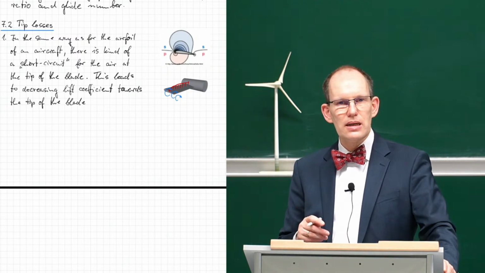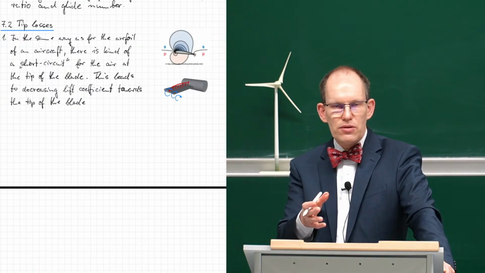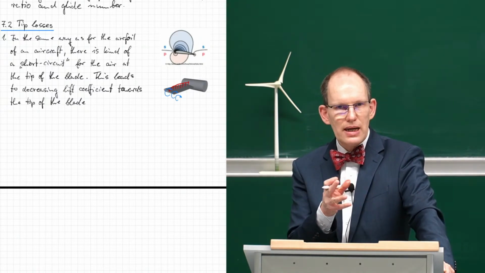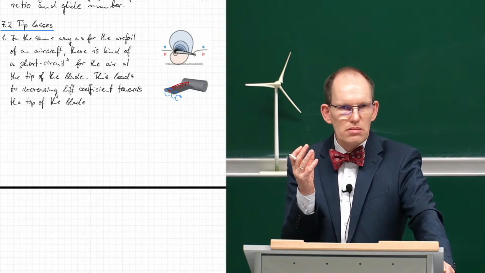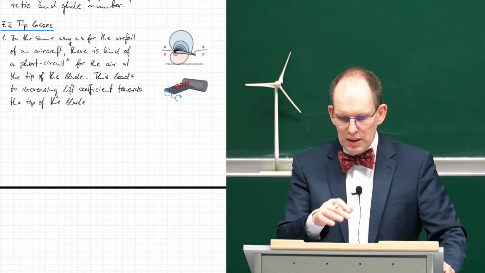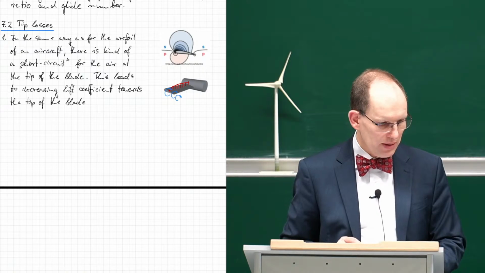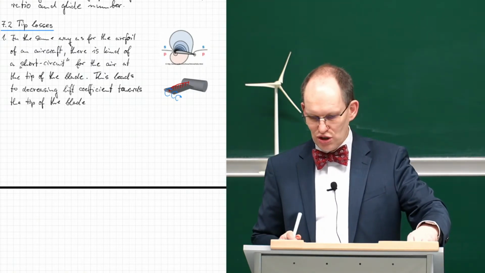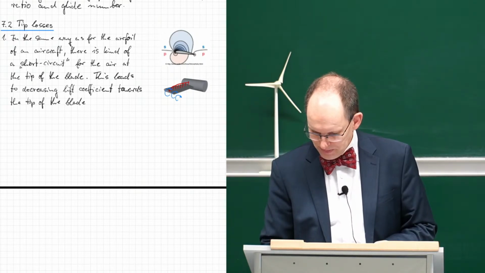And these vortices, for airplanes, can actually be used in order to produce an additional contribution to lift. But they also have quite negative consequences. And I want to show this here on a short video and a few other pictures.